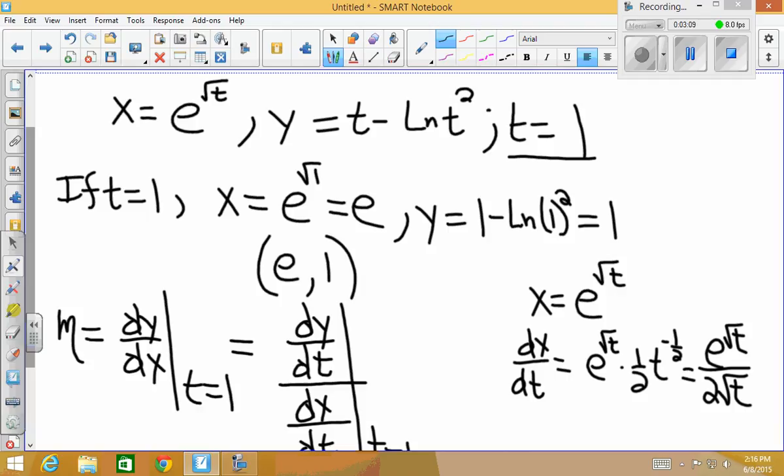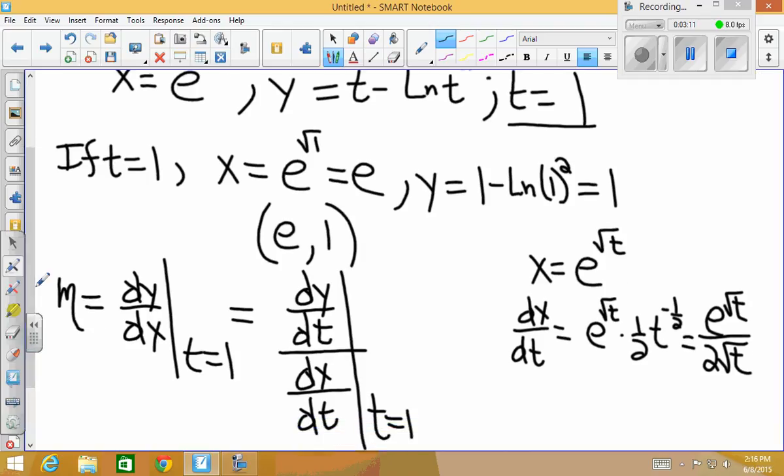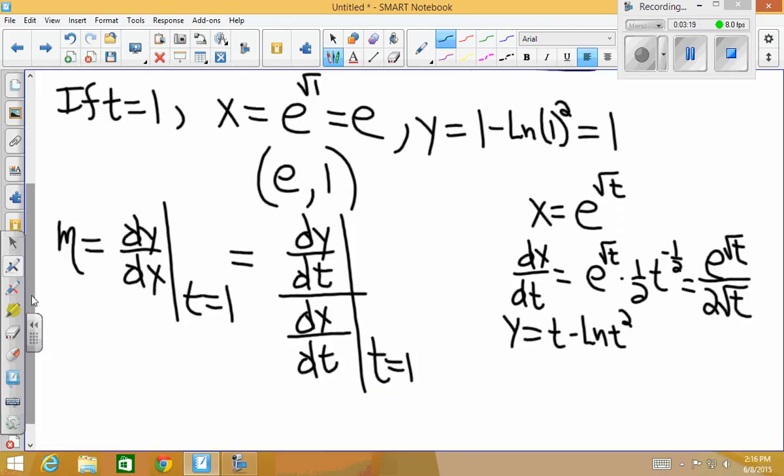Now the derivative of y with respect to t. y is equal to t minus the natural log of t squared, that's given in the problem. So the derivative of y with respect to t is equal to 1 minus the derivative of the natural log of something, which is 1 over that something, but then we must multiply by the derivative of the inside. Again, the chain rule.